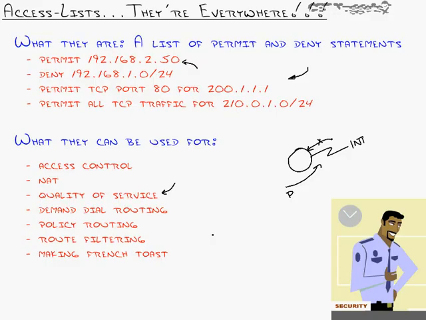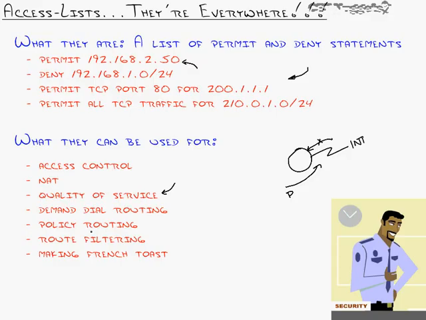So if there's congestion and things are being dropped, the network's kind of overwhelmed, well that host is going to move to the front because they're permitted to receive priority. They're allowed to move to the front. The one below says deny 192.168.1.0 right here. If we apply it to quality of service, they are not denied from getting out or denied from accessing the internet like access control. They're denied from perhaps receiving priority.